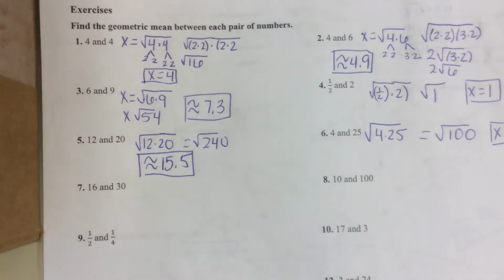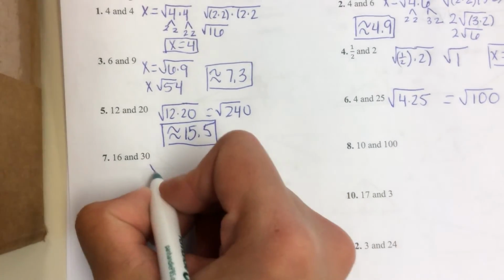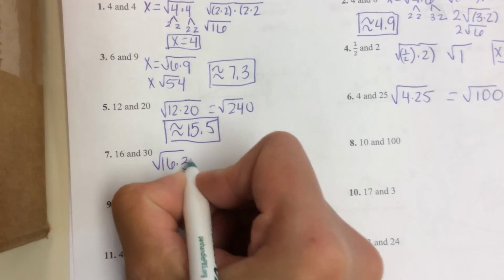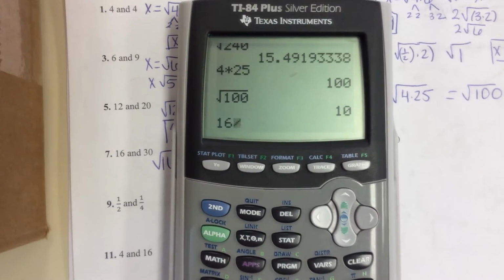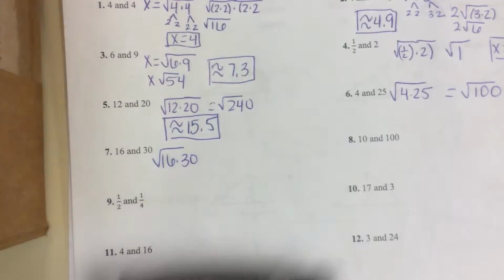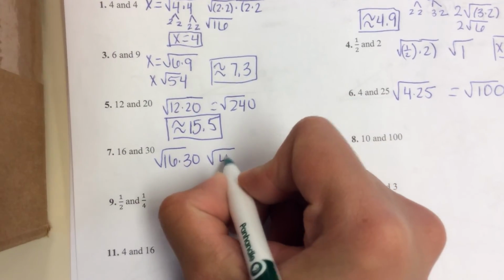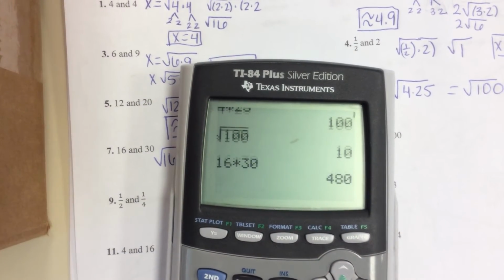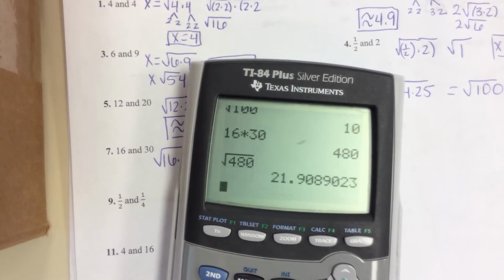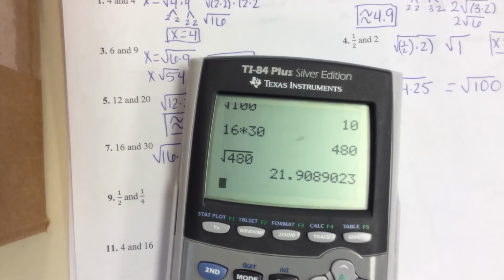We'll go to number 7. 16 times 30 gives you 480. Square root of 480. Second square root of 480 gives you 21.9.